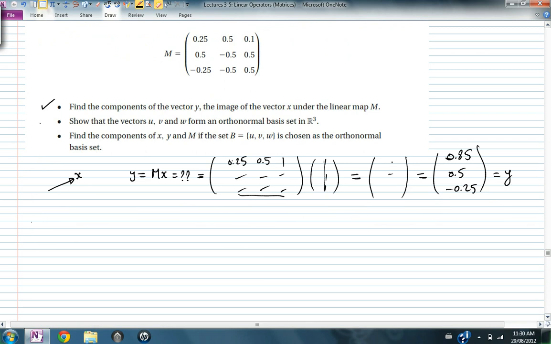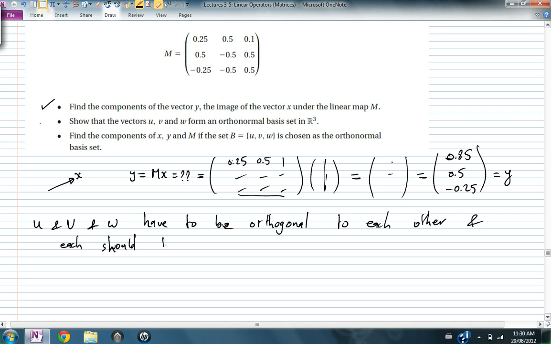To form an orthonormal basis set, that means u and v and w have to be orthogonal to each other, and each should have a length or norm equal to 1.